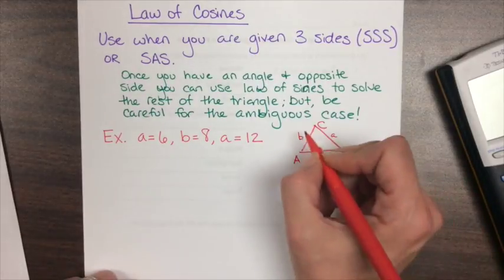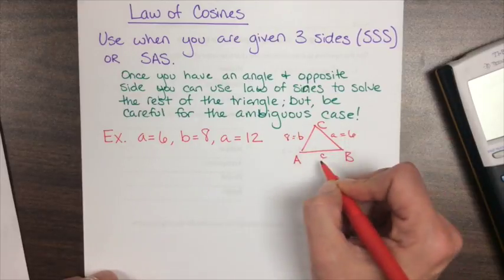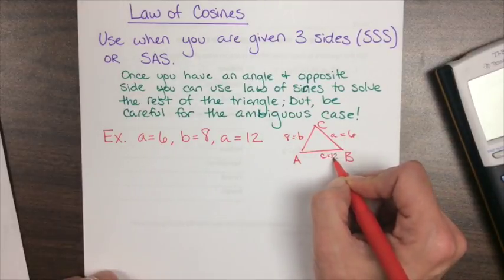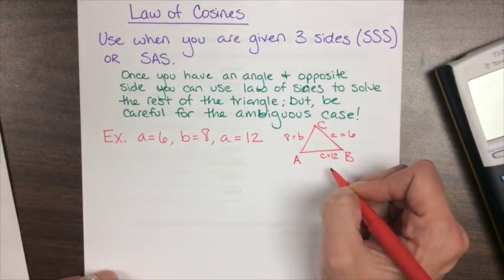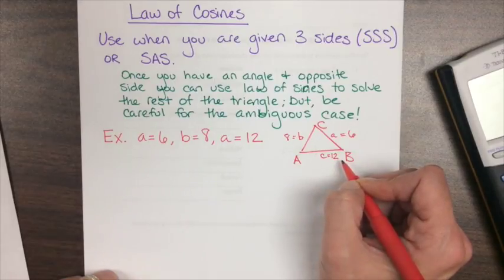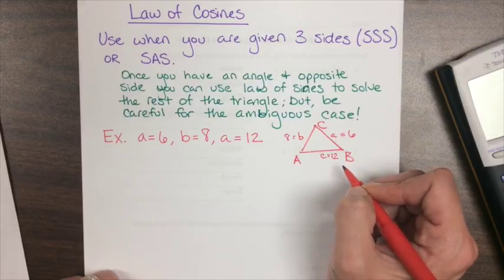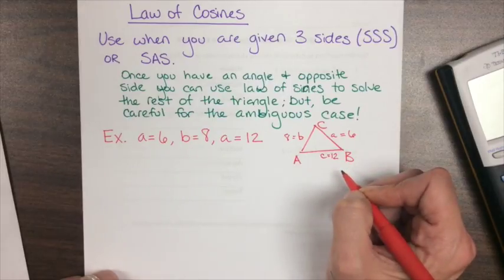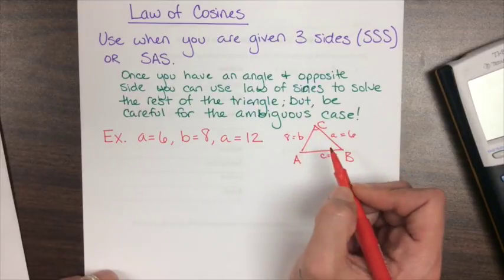Side B is 8, side A is 6, and side C is 12. If you find the angle across from the largest side, you will not have issues with the ambiguous case. That is my recommendation. So let's start, and we're going to find angle C first.